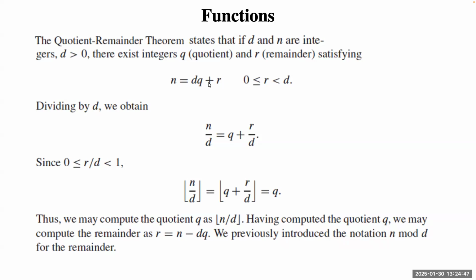So if I divide everything by d, I get n over d equals dq over d, which ends up being q, plus r over d.